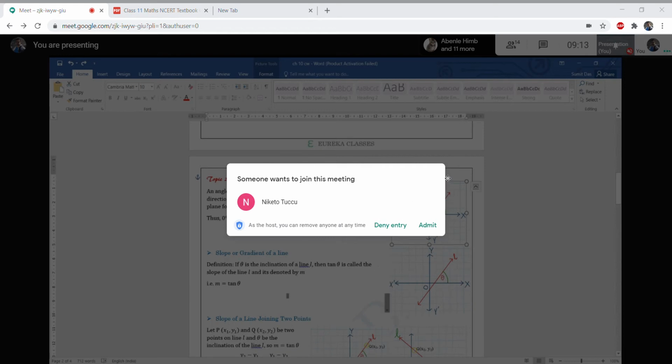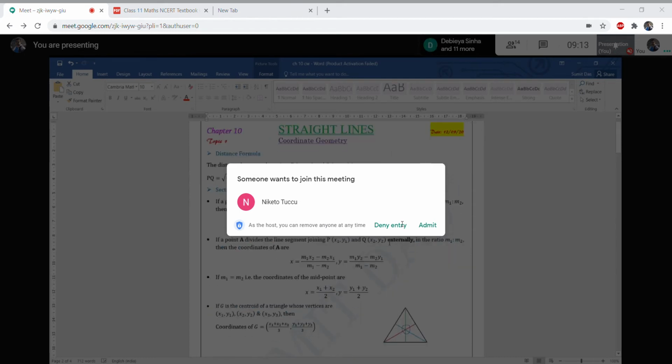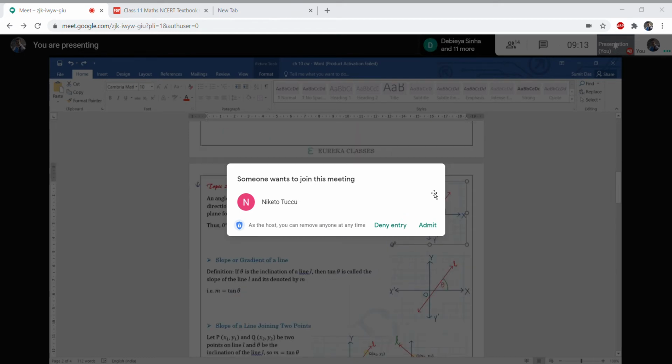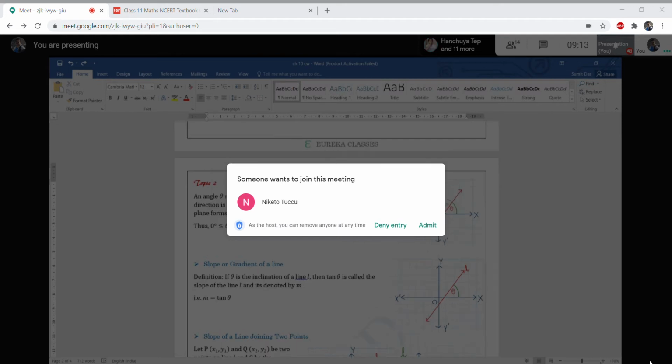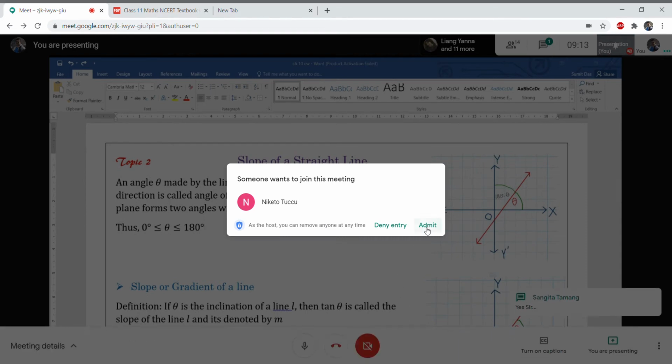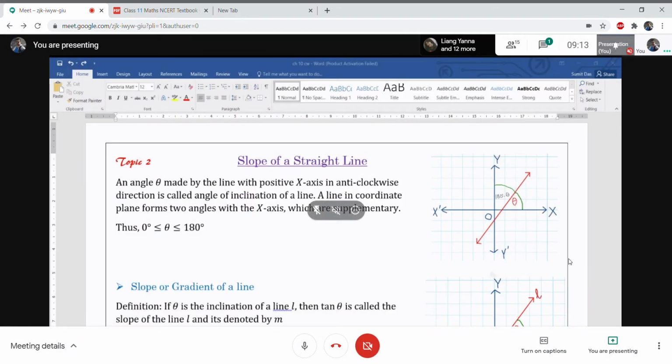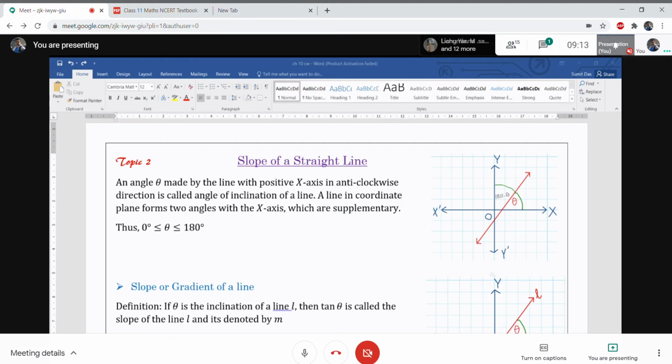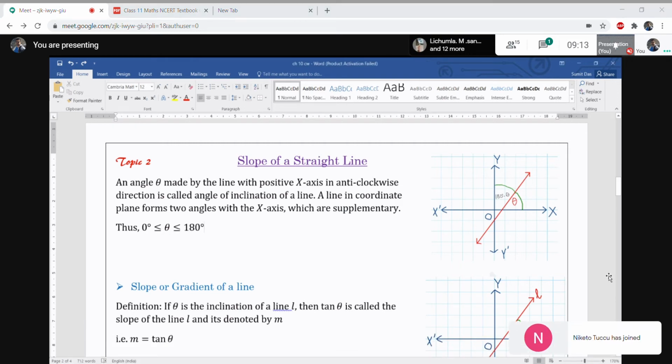I hope you can see this one, right? I can move this one like this. Let's see.